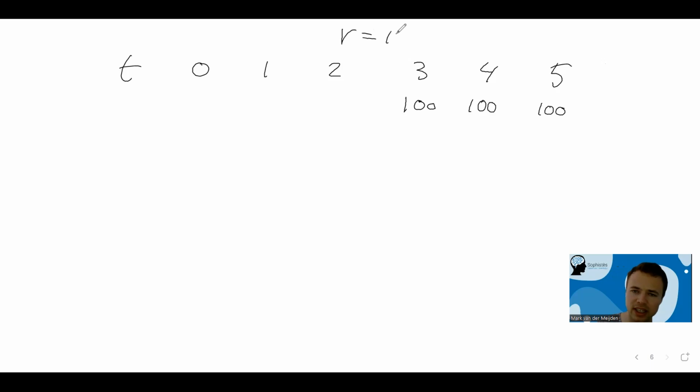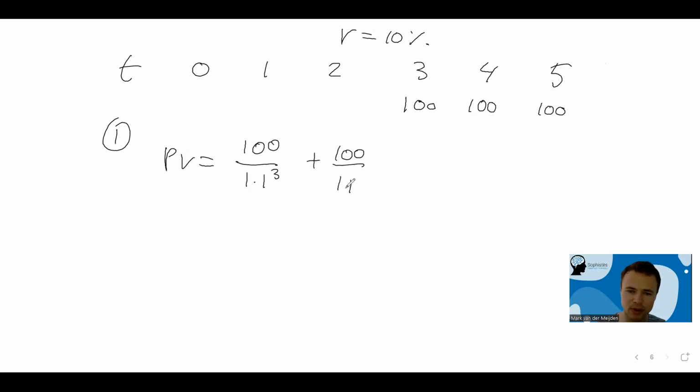Let's say that the R is 10%, and we want to discount it. Here, the easy method would be to say, all right, present value is 100 divided by 1.1 to the power of 3 plus 100 divided by 1.1 to the power of 4 and 100 divided by 1.1 to the power of 5. Okay, everybody knows that, right?